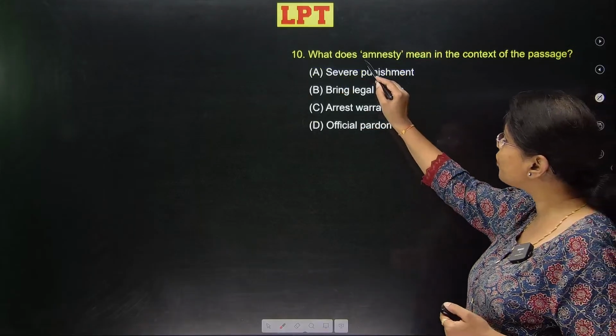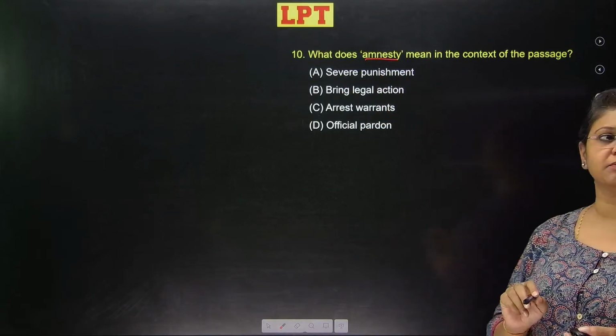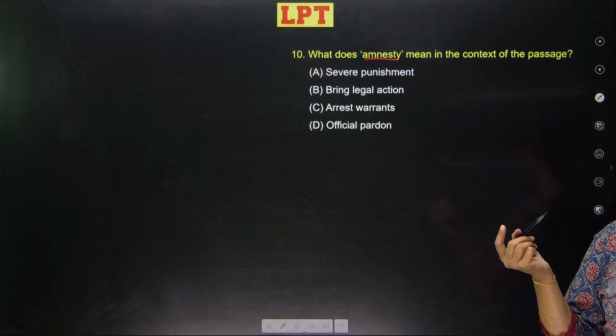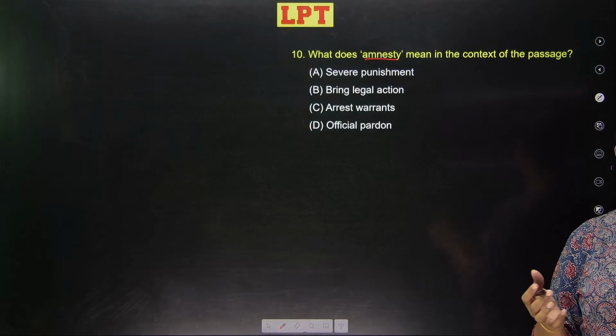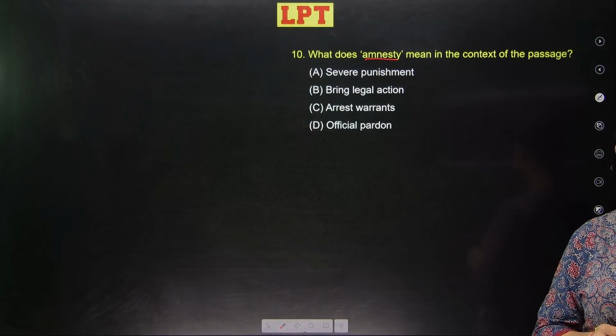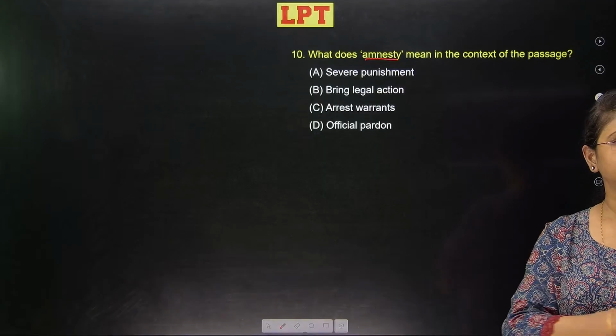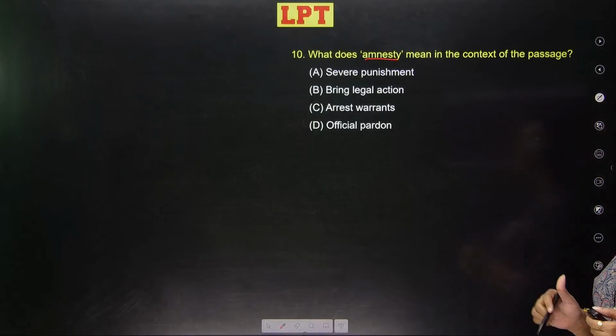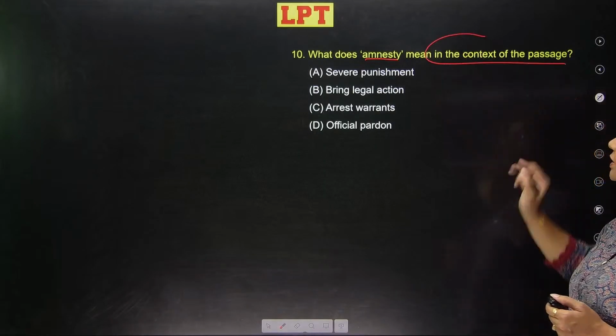Now next question, what does amnesty mean in the context of the passage? This is a direct question, guys. If you know the term amnesty, you will quickly have an answer. They are asking what it means in the context of the passage.